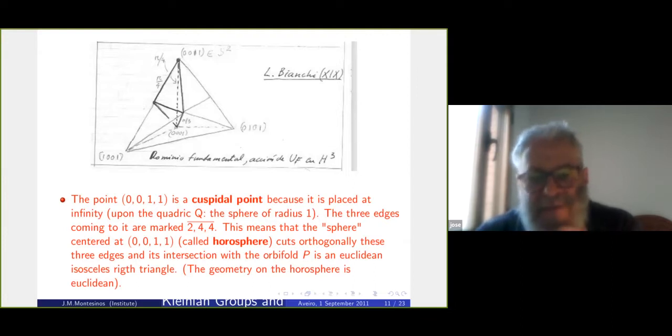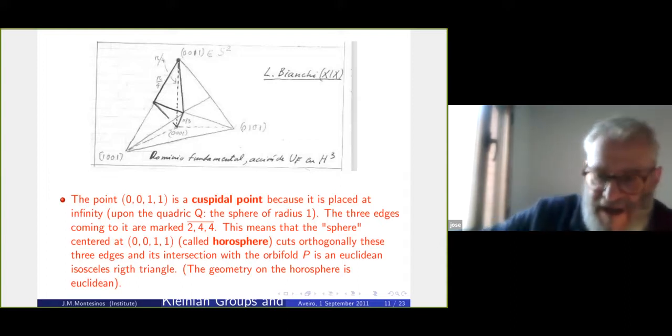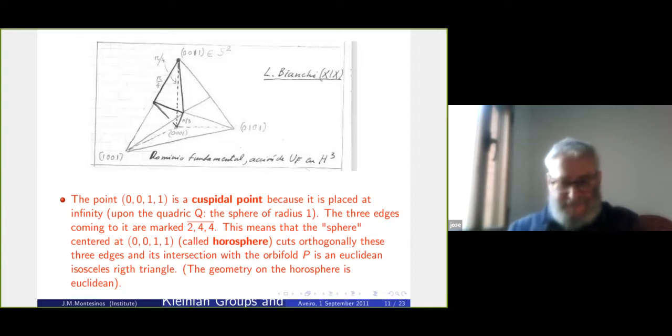The three edges coming to it are marked 2, 4, 4. This means that the sphere centered there is a sphere which is singular because the center of the sphere lies on the sphere. That's the reason it's called a horosphere. It cuts orthogonally these three edges, and its intersection with the orbifold is a Euclidean isosceles right triangle.